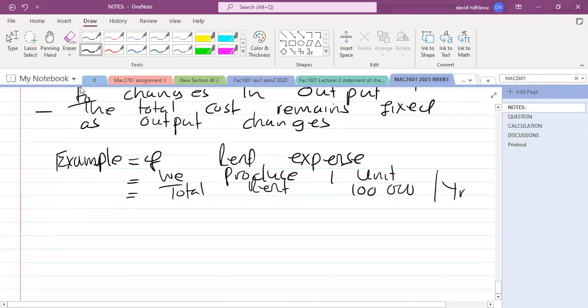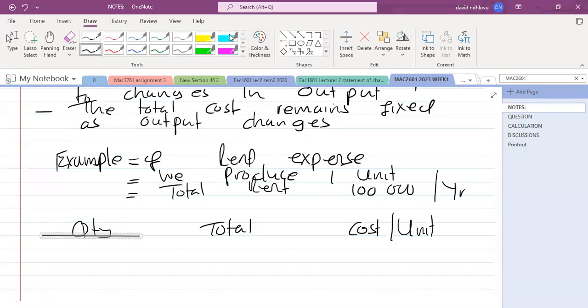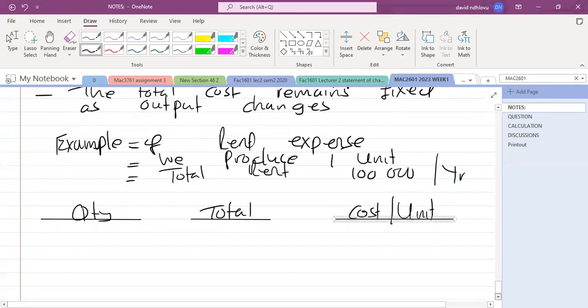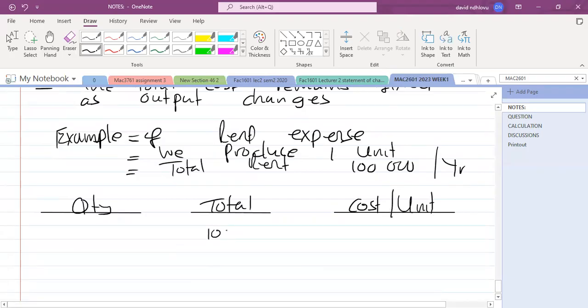So if I say quantity here, then total rent, then cost per unit. If I produce 0 units, remember I'm renting premises. In those premises, I'm charged a total of 100,000. If I produce 0 units, I will still pay the 100,000. There won't be a cost per unit because I did not produce anything.